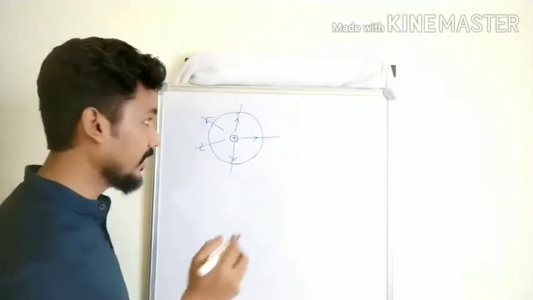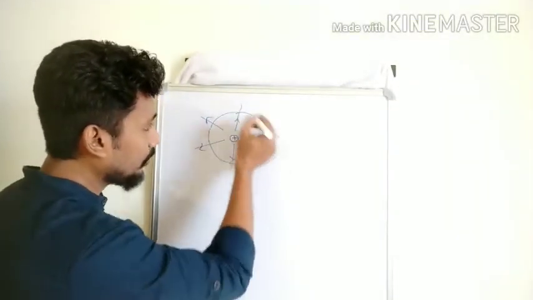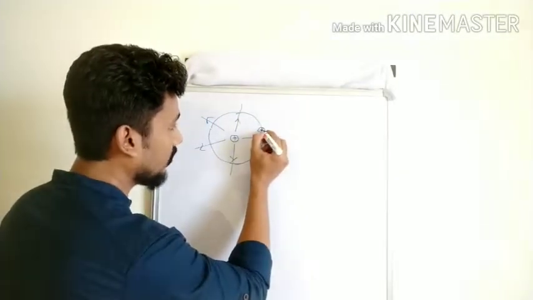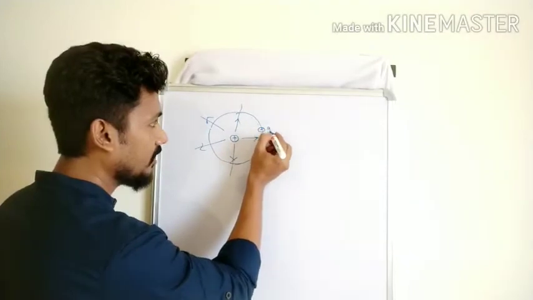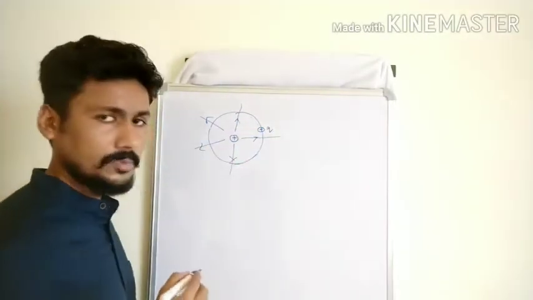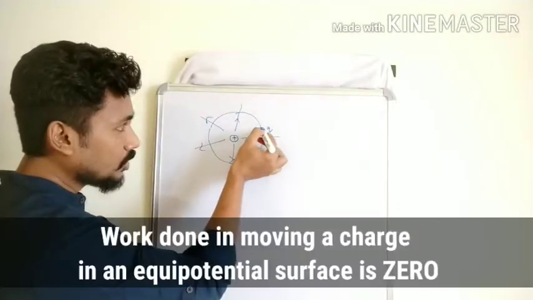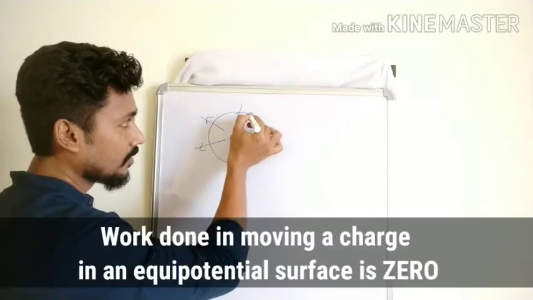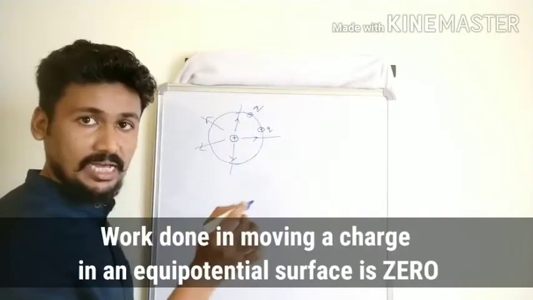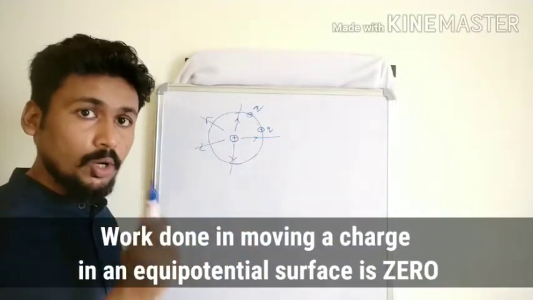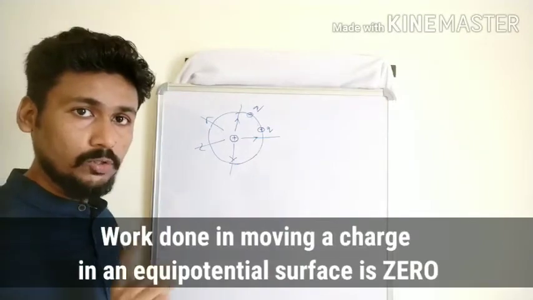Second thing you will remember is, if I have an equipotential surface here, and there is some charge we are having on this side, any kind of small charge q, which can be positive or negative. If I move the charge q from here to here, if the charge we are moving only along the equipotential surface, work done is 0.